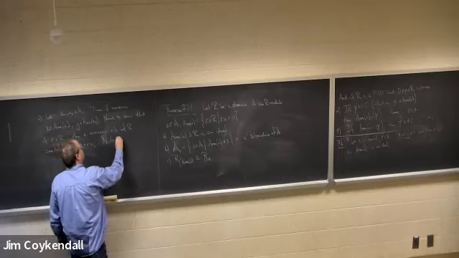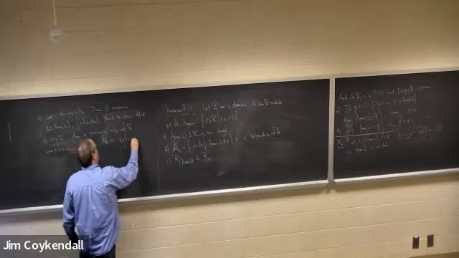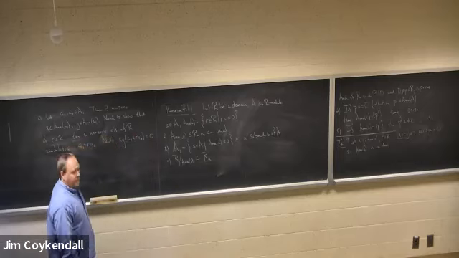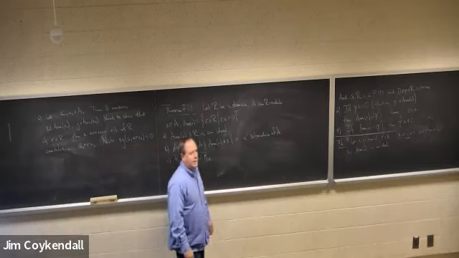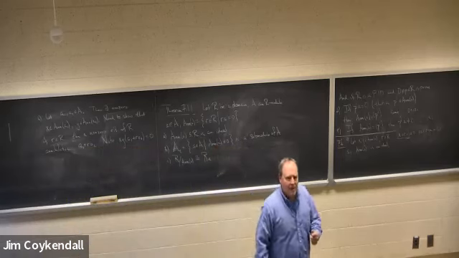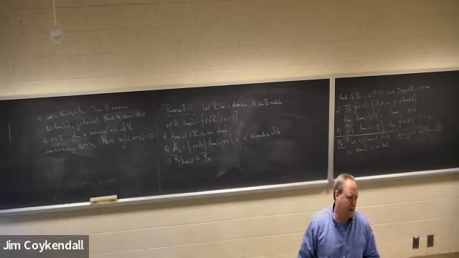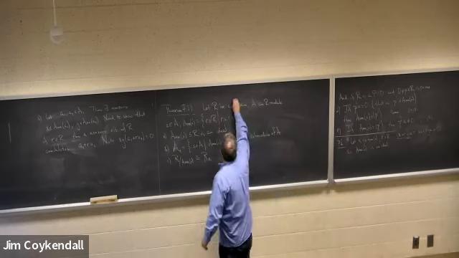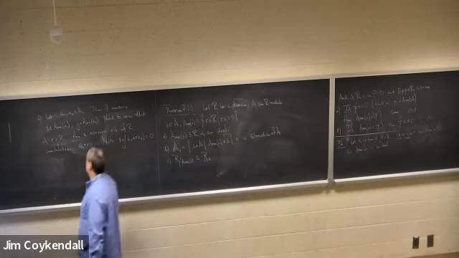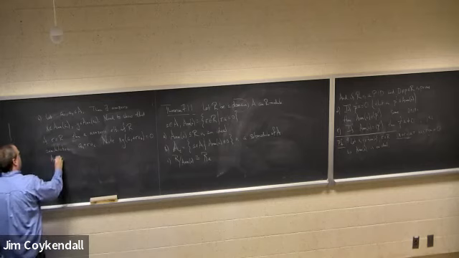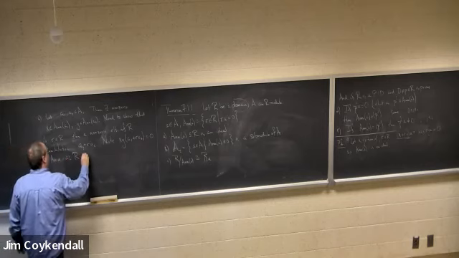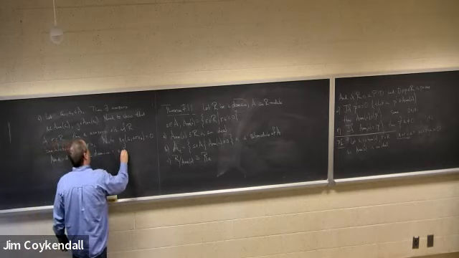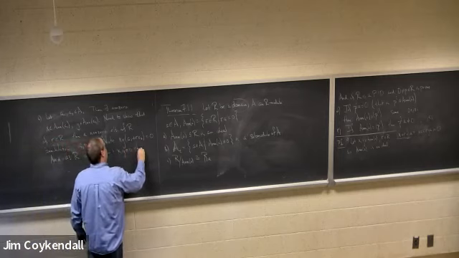Note. Now here's the rub. You have to kill this with a non-zero, right? But see, this is where we actually need a domain. And as R is a domain, and X, Y are non-zero, then XY is non-zero.